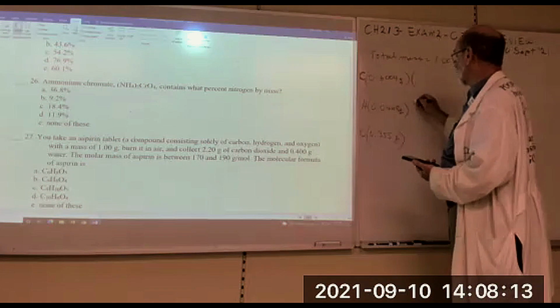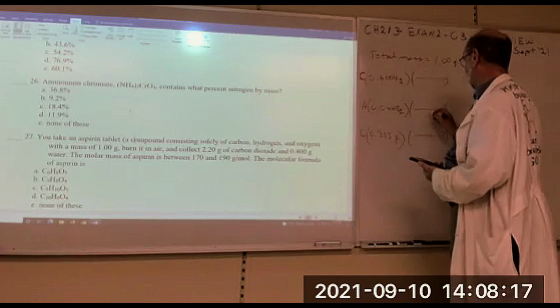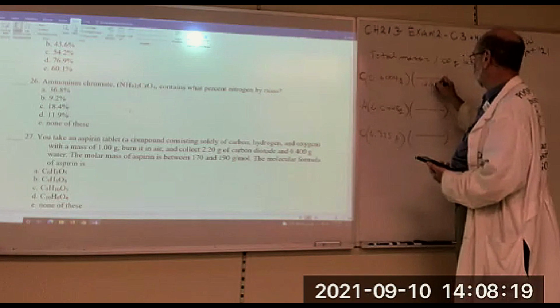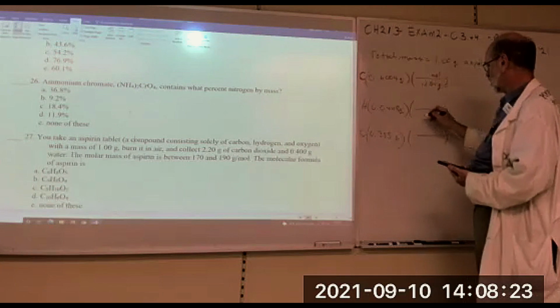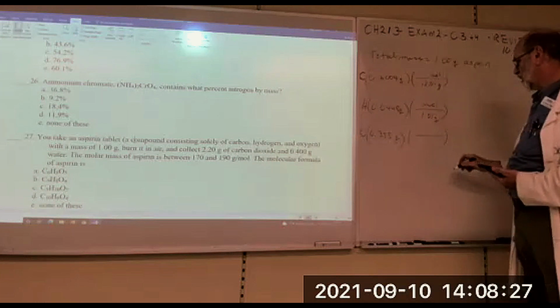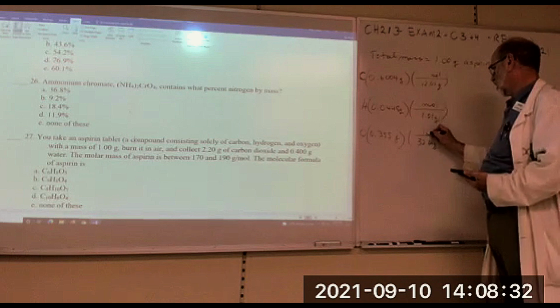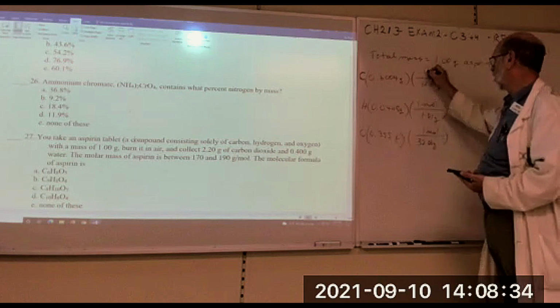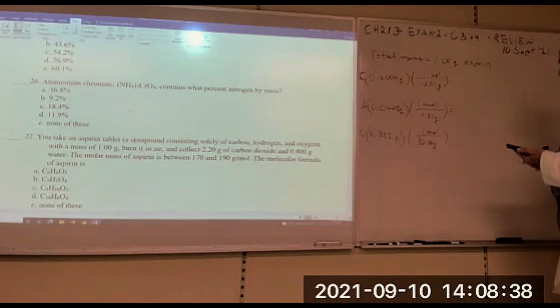Okay, so we convert these with molar masses, correct? This is 12.01 grams per mole. And this is hydrogen, 1.01 grams per mole. And this is oxygen, 32 grams per mole. Okay, let's see which one I already have.